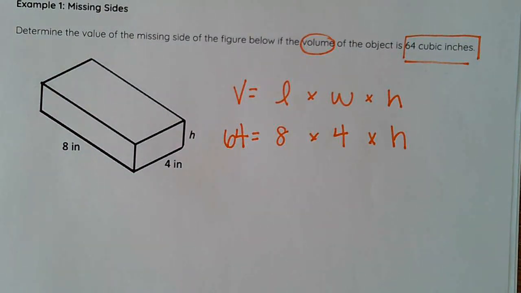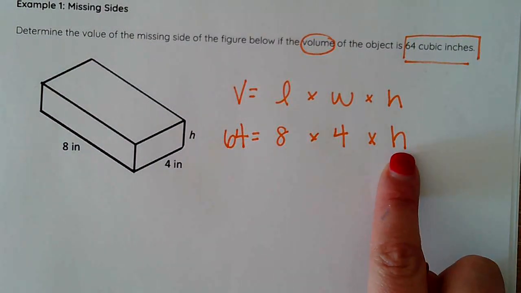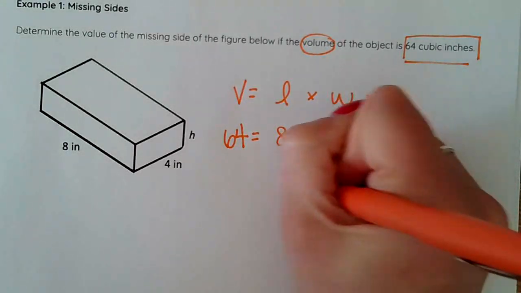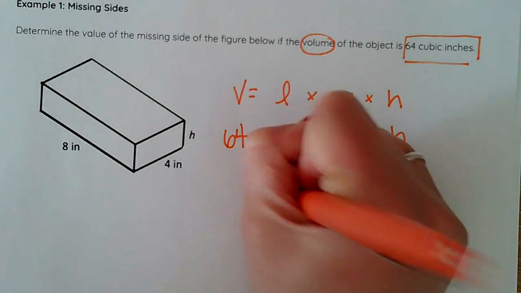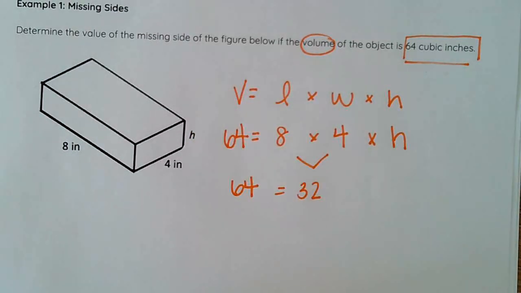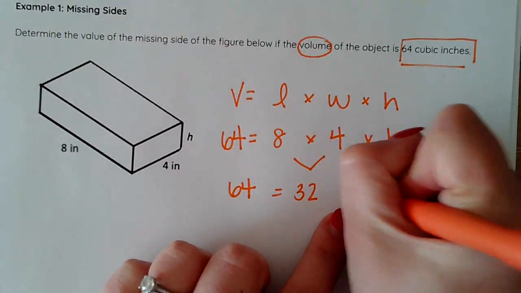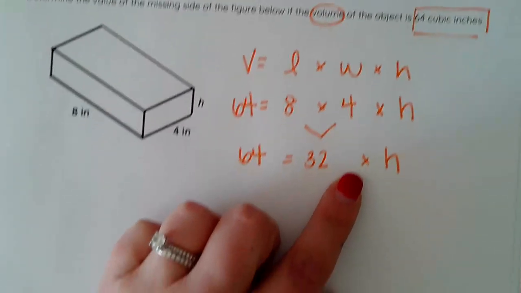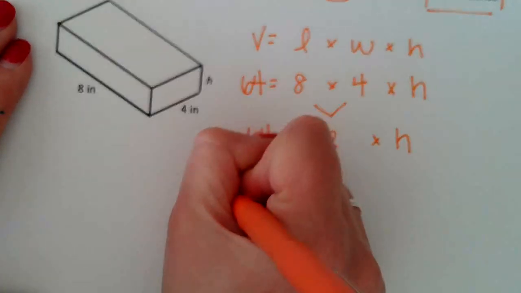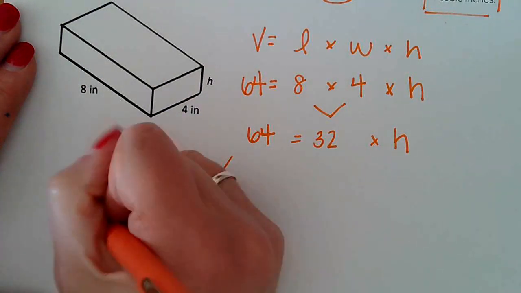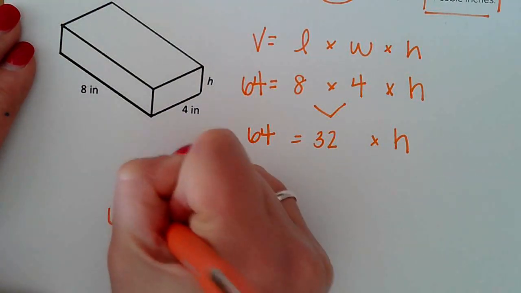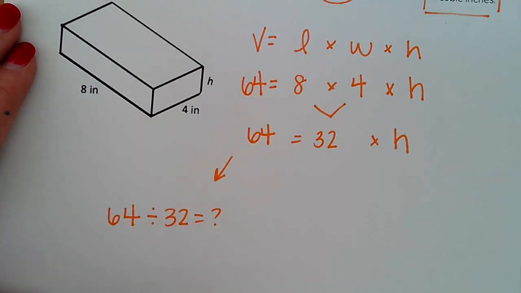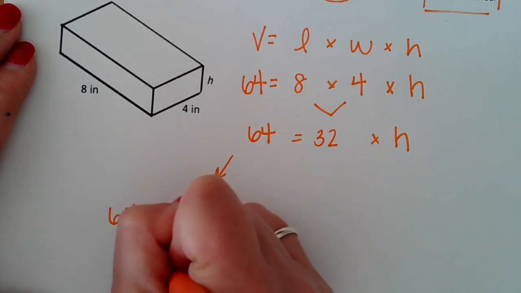Once I'm here and I have everything filled in except for 1, I go ahead and simplify down. 8 times 4 is 32. 64 stays the same. And then I need to bring down my multiplying by H. Now I have two ways to think about it. I can flip this around and say 64 divided by 32 equals what? Well, 64 divided by 32 equals 2.